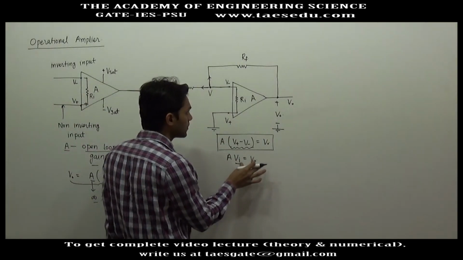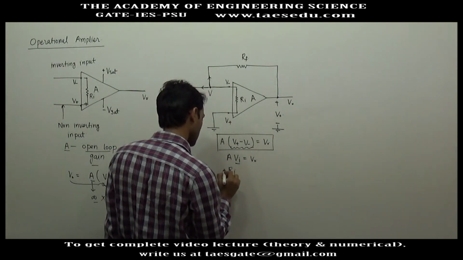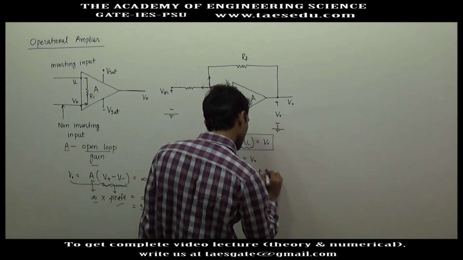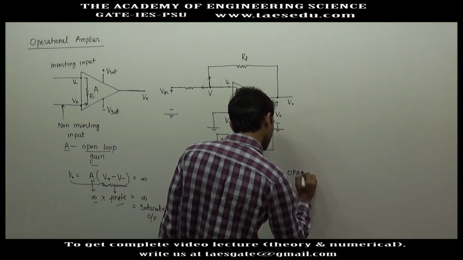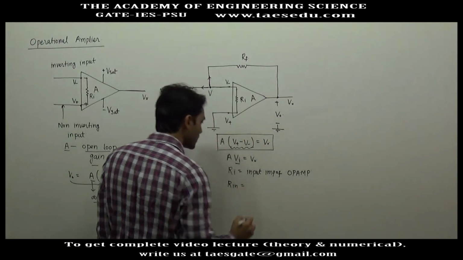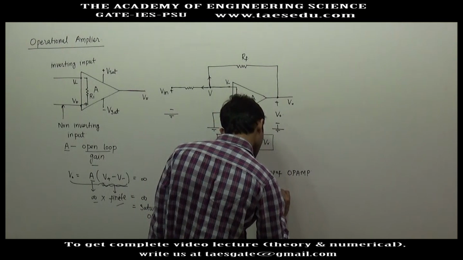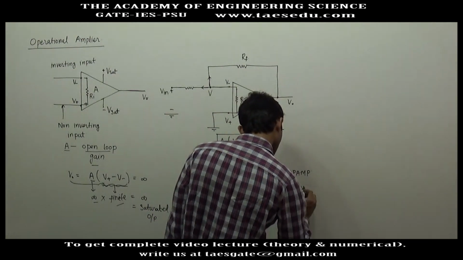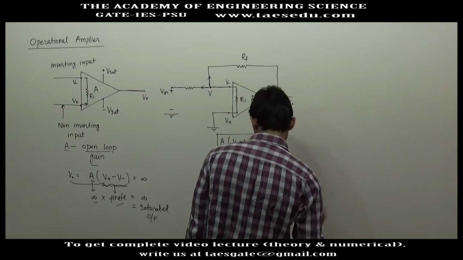Similarly, the input resistance of the op-amp will be Ri. This is the input resistance or input impedance of the op-amp. There will be one more quantity, Rin. This will be the input impedance of this system, or simply input impedance of the system.